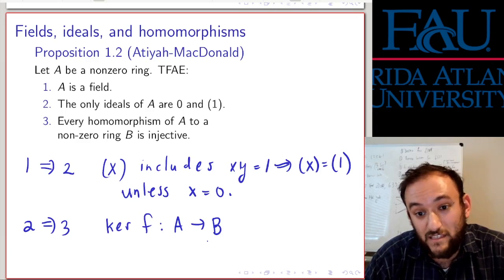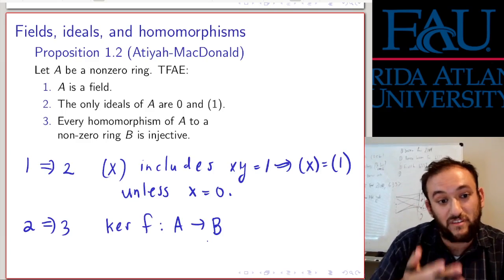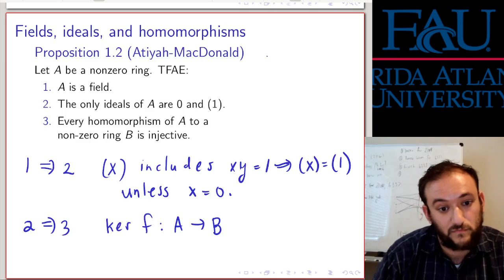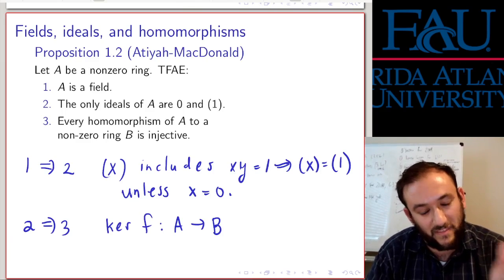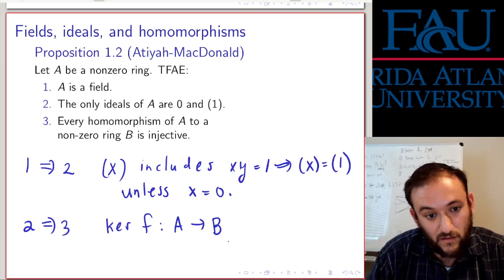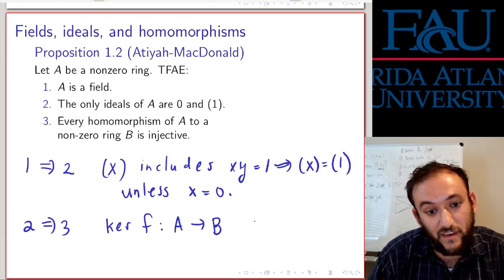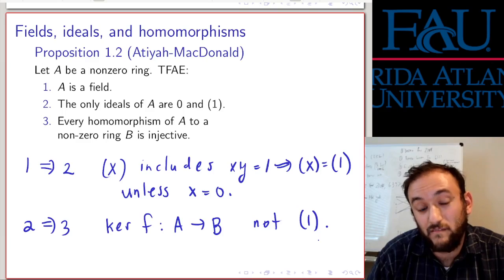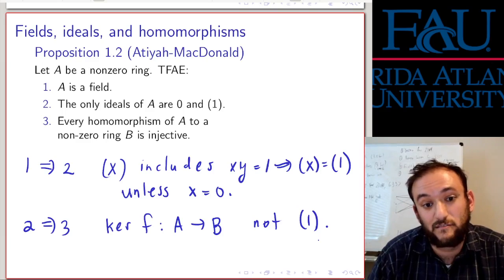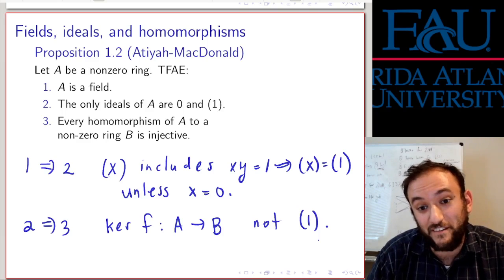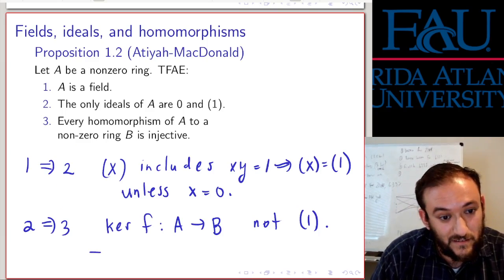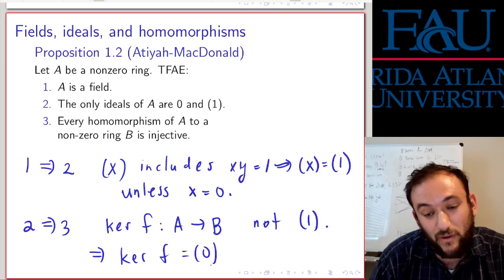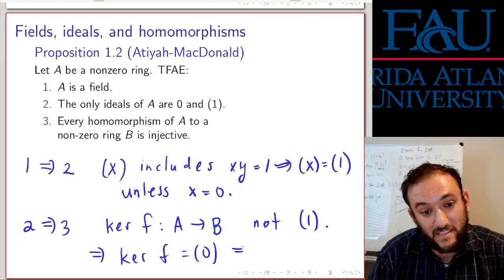So either the kernel is the whole ring, which means it maps everything to 0, which is not possible since B is non-zero, and that would otherwise violate the requirement that 1 maps to 1. Okay, so the kernel of F is not the whole ring, but then that means that it has to be the 0 ideal, because that's the only other ideal that we have. So this means that the kernel of F must be equal to 0, and when you have the kernel being equal to 0, that means that F is injective.